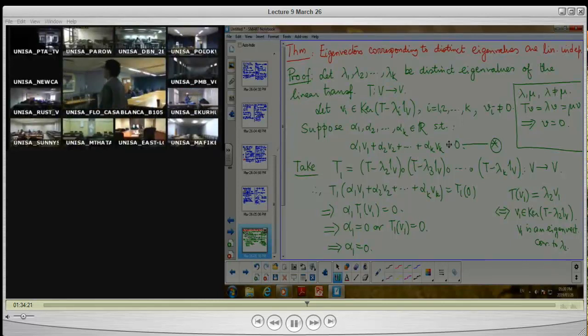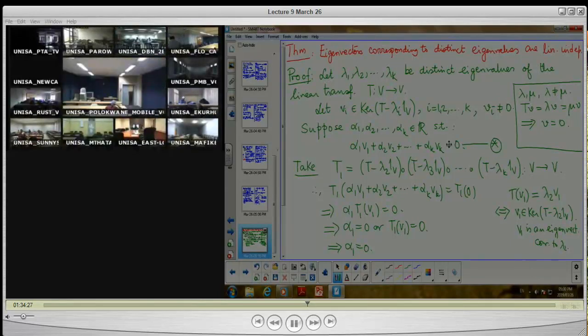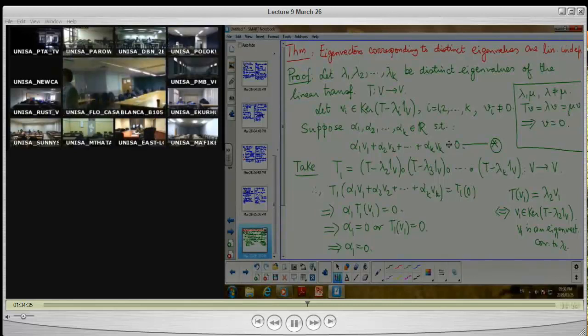So a non-zero V can't have two distinct eigenvalues. Correct. Essentially, what this is saying is that the eigenspace of lambda and the eigenspace of mu just meet at 0.